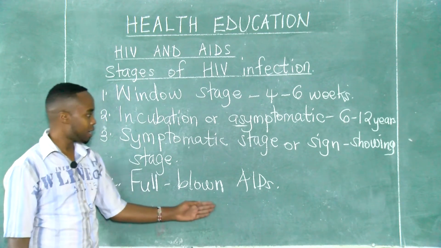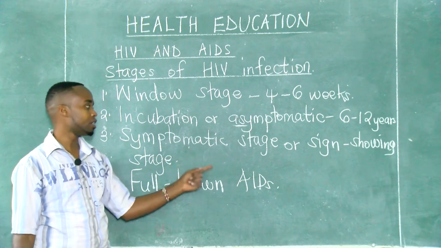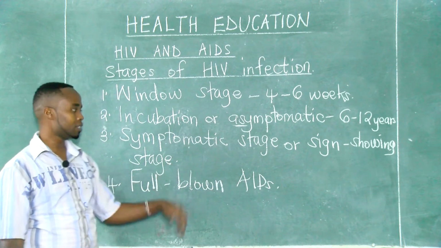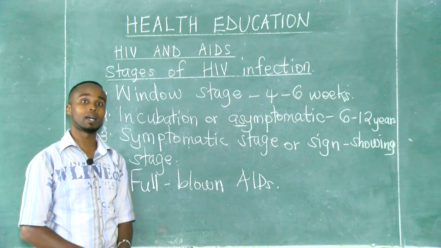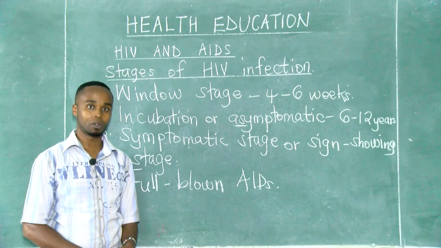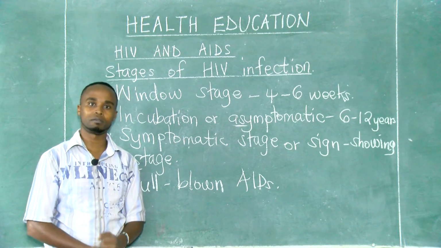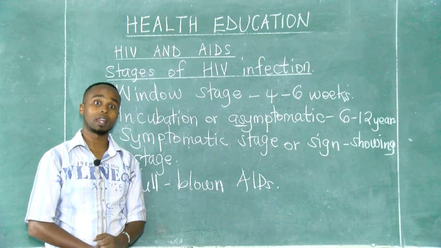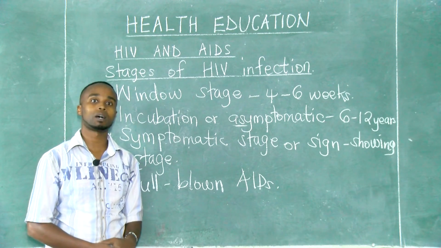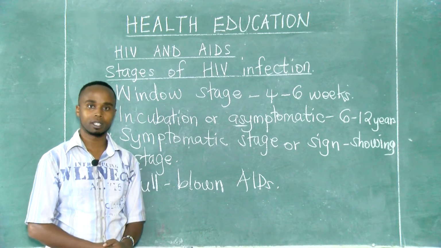So from there, I want us to go back to the third stage. We have said that this stage, known as the symptomatic stage or the sign showing stage, is a stage where signs of HIV and AIDS are visible. So what are some of these signs and symptoms of HIV and AIDS? And we always say that once you see somebody with some of those signs, don't start saying that they have AIDS.